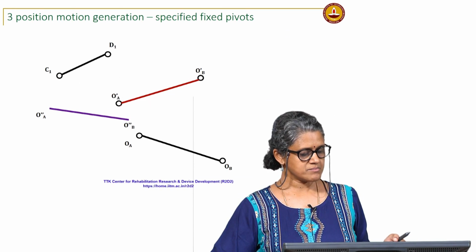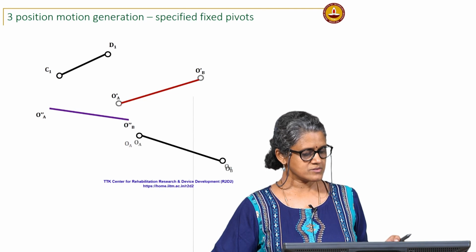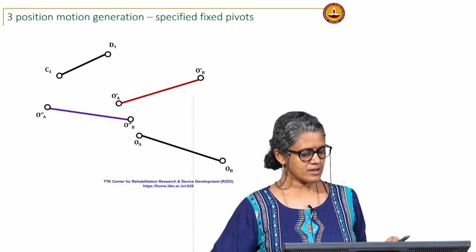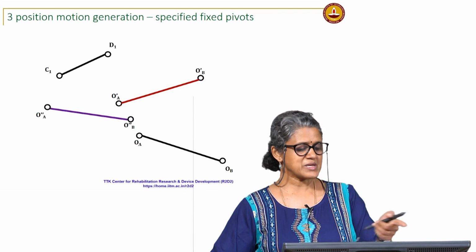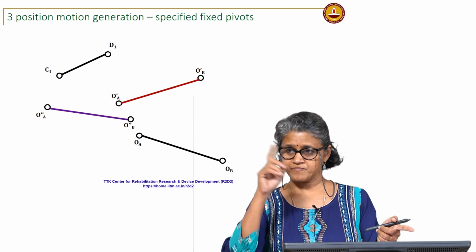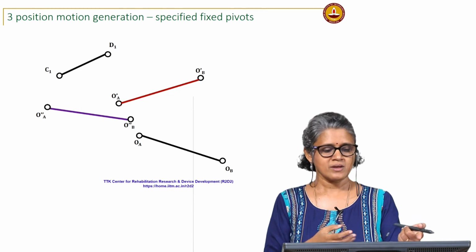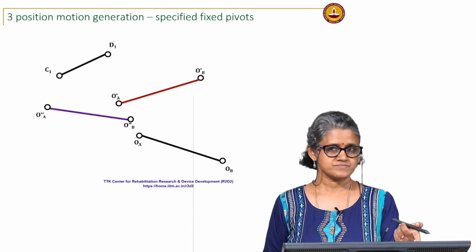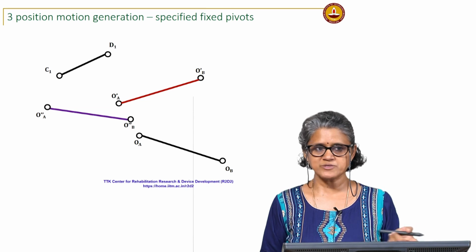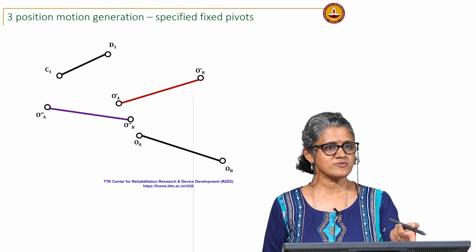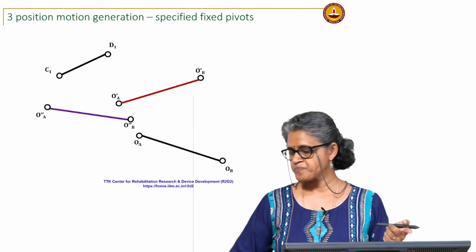I think I have them. So these are the three positions. So this becomes what? This becomes my moving, it becomes my 3 position problem with respect to CD. It is essentially the 3 position motion generation problem with respect to CD, C1 D1.